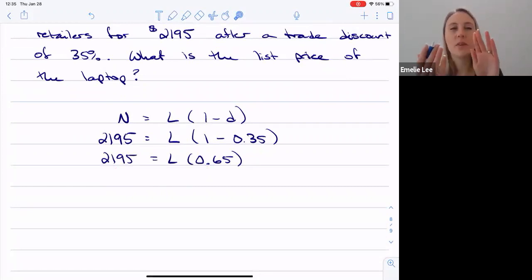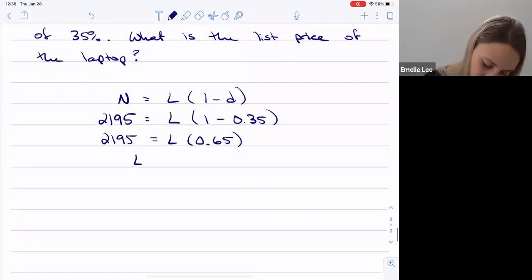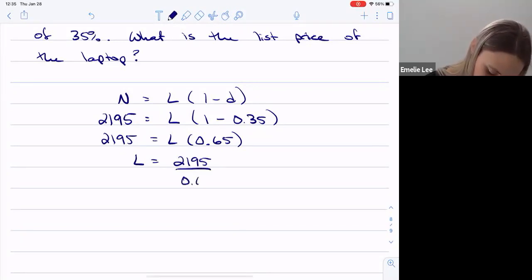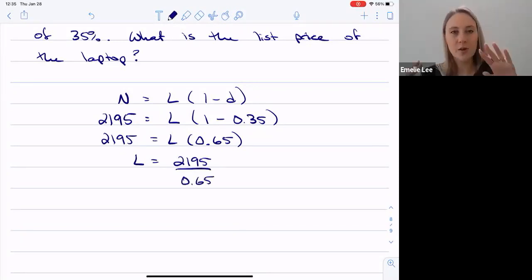And then I always do that revolving door where I put L on the left-hand side. So I'm going to do this in one kind of quick motion. I'm going to put L over here, 2195 divided by 0.65, right? So I'm doing two things in one swoop. I'm shifting my revolving door. If A is equal to B, then B must be equal to A, right?